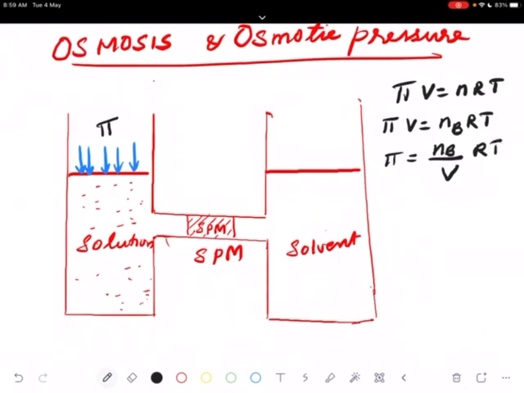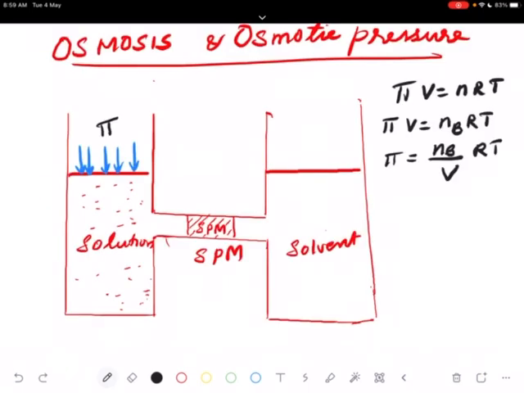When V is kept in liters, volume of the solution in liters, then pi is equal to CRT, concentration. We can say osmotic pressure is equal to molarity into RT.